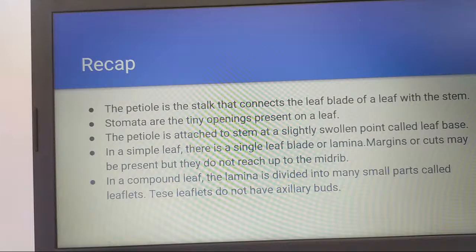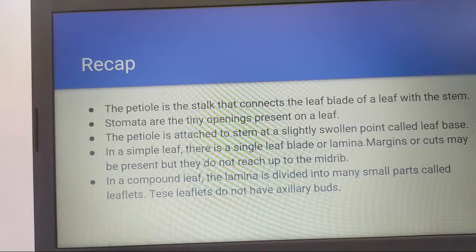So, you're going to draw the structure of a leaf, which shows different parts of it. You're also going to draw parts of a plant, showing the shoot system and the root system.